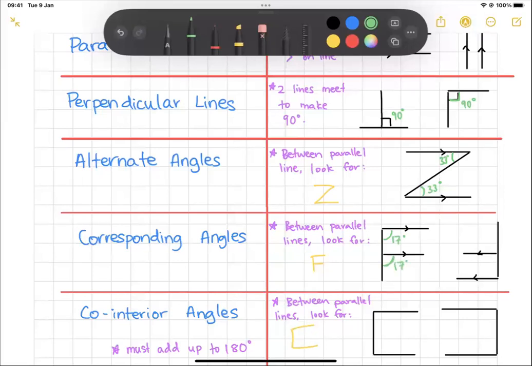Okay, it's like you go angle, skip, angle, skip. That's how I like to remember it. Same thing on the other side. Doesn't matter if the F is upside down, slanted, or upright. If I have angle 22 here, the corresponding angle is that one right there.